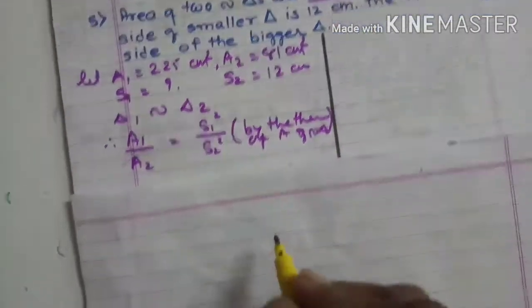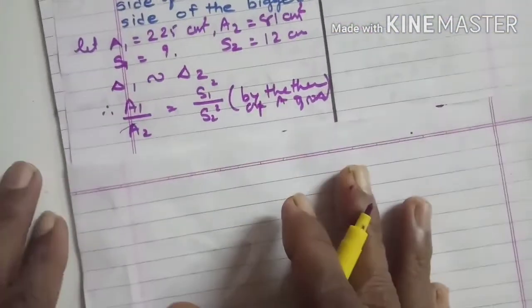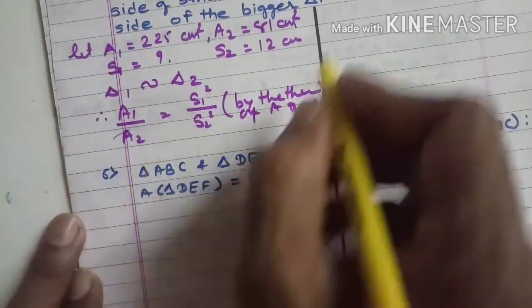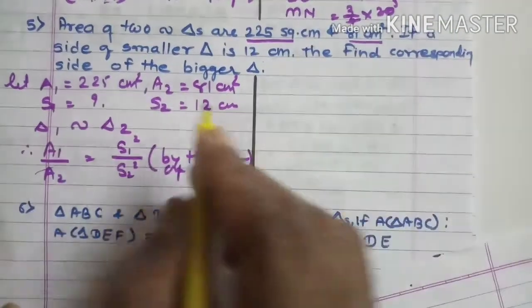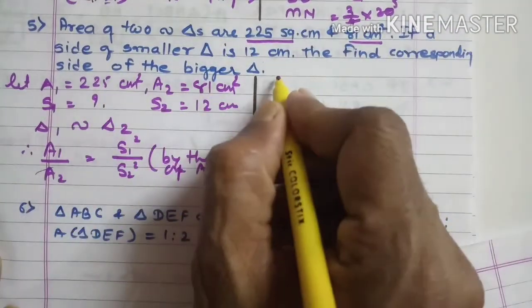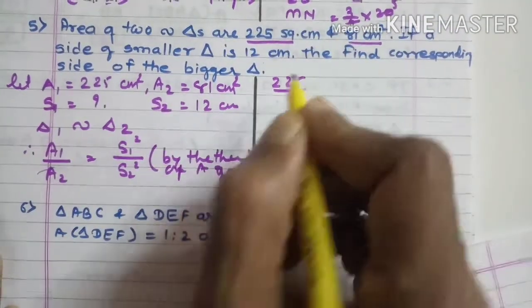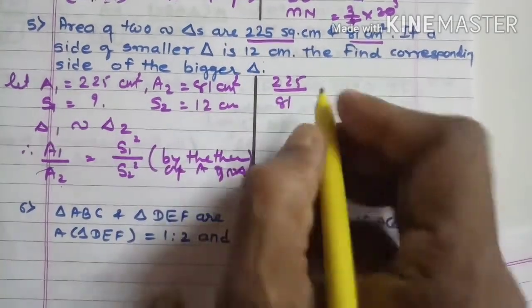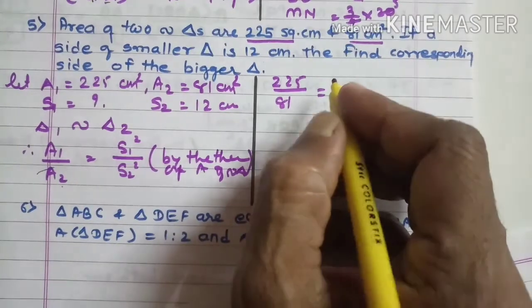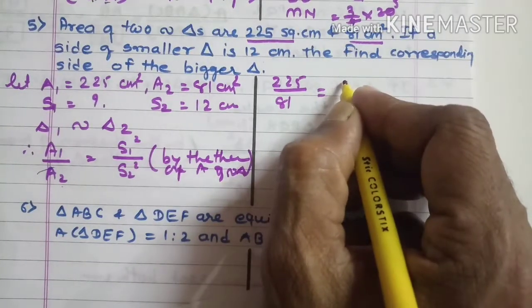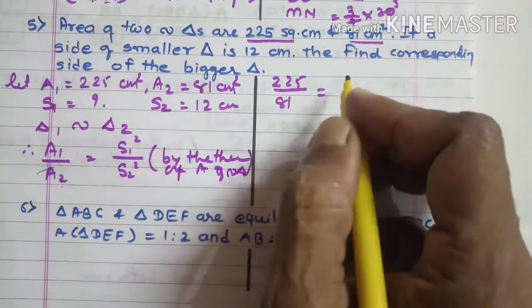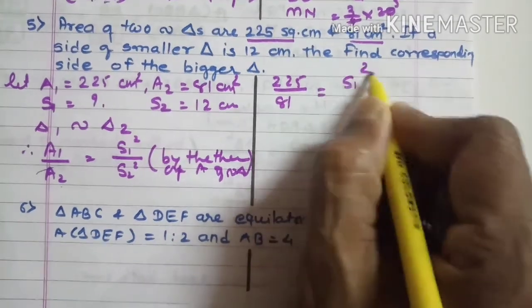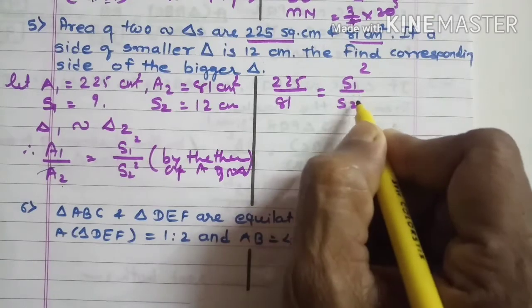Okay, now substitute the value. A1 is 225, so 225 upon A2 is 81 is equal to S1 square upon S2 square.